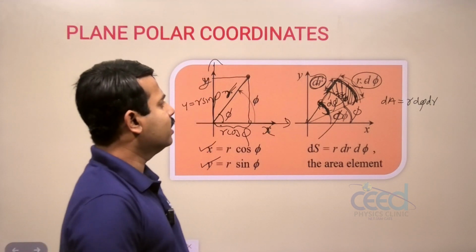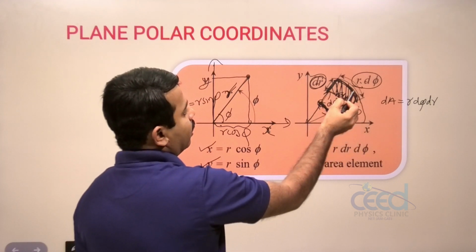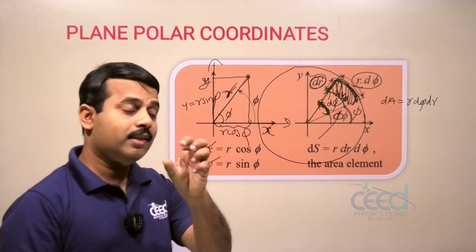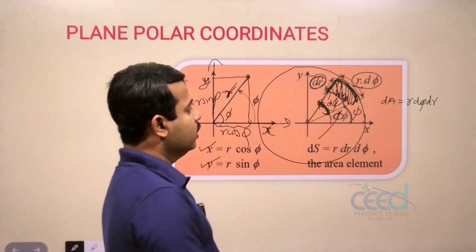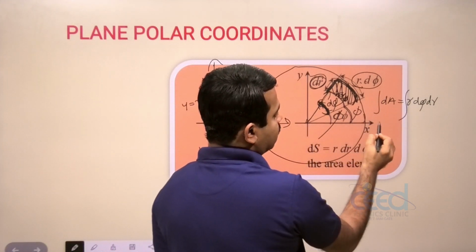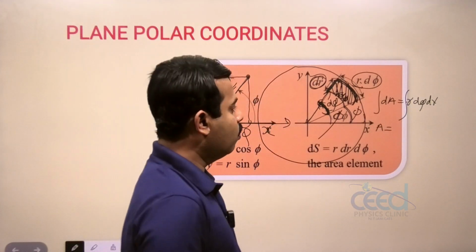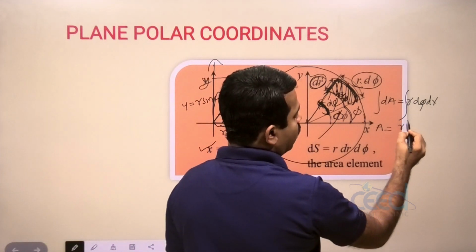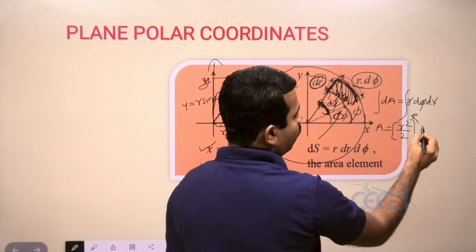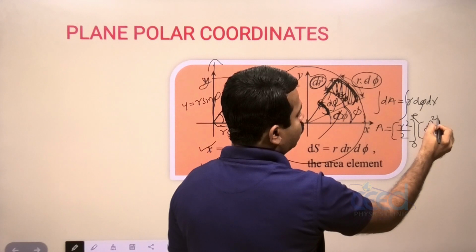Now if I consider this plane polar coordinate area fully, I get a circle area. You can check it. If I take the integral, the area is the integral of r dr, which on integration is r square by 2, varying from 0 to r, times the integral of d phi, which is phi, from 0 to 2 pi.